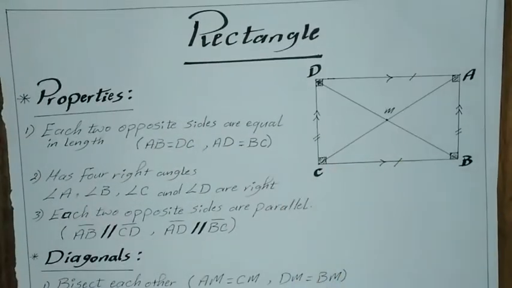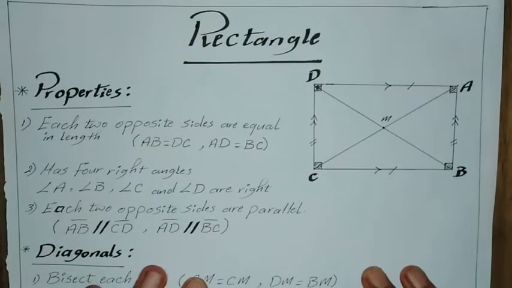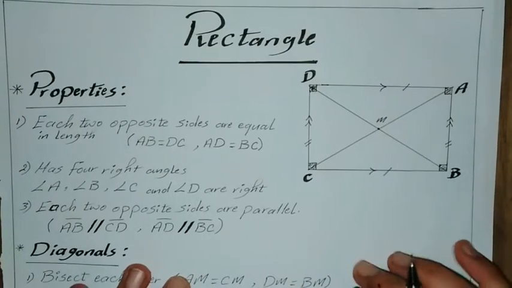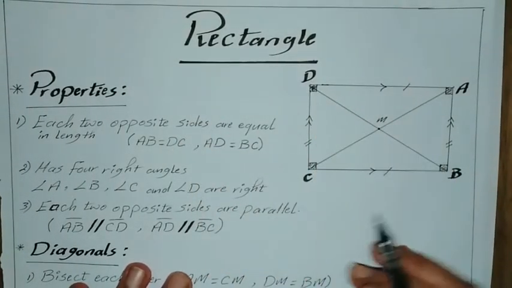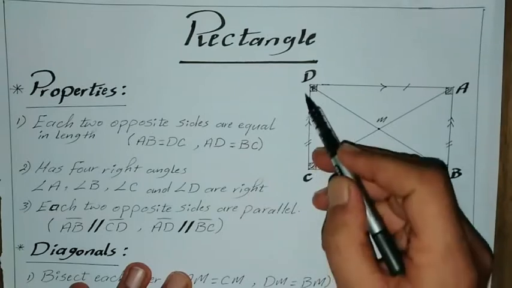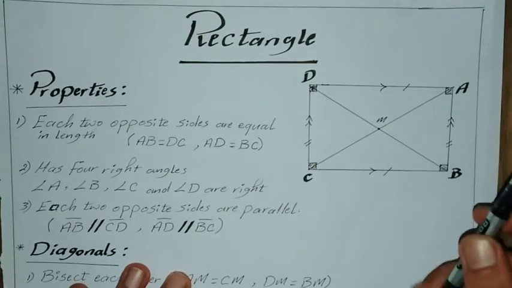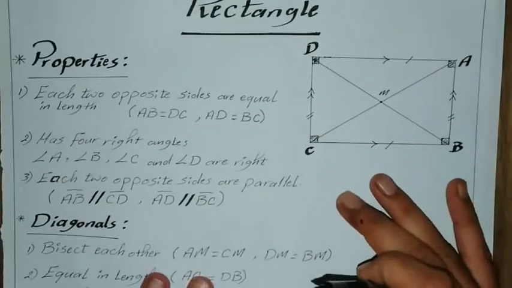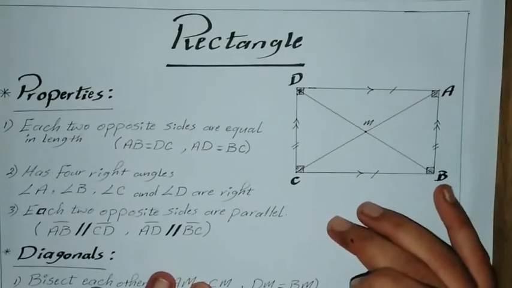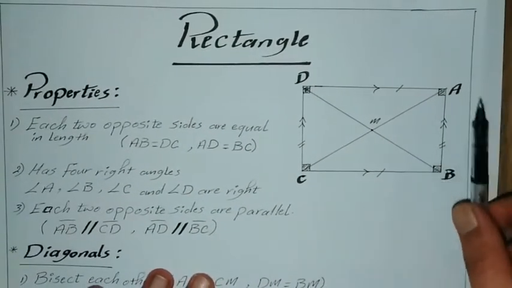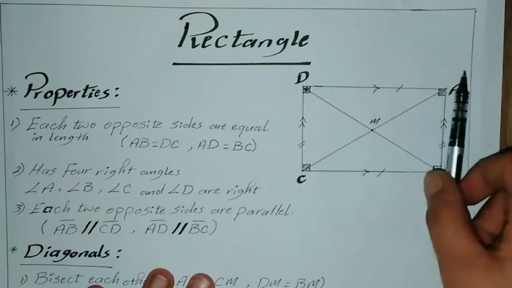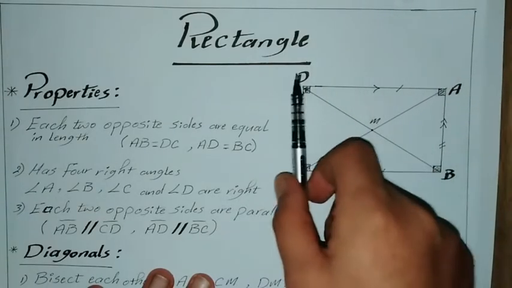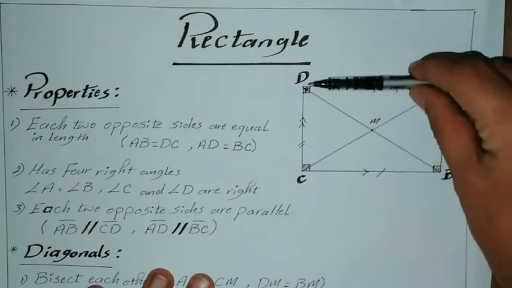The second quad is rectangle. Rectangle ABCD has 5 properties. First, each two opposite sides are equal in length.